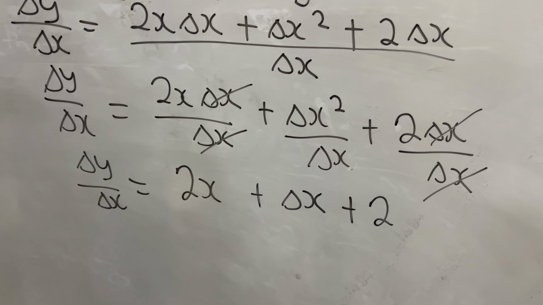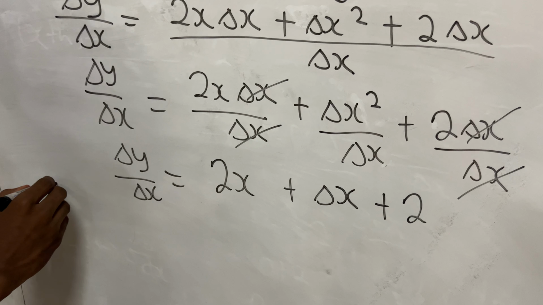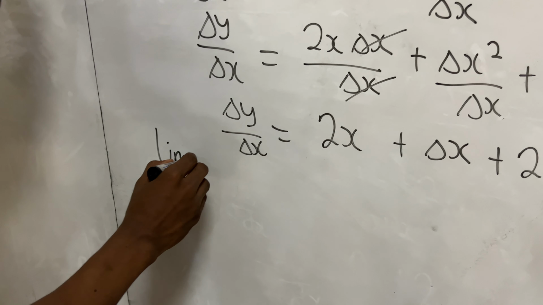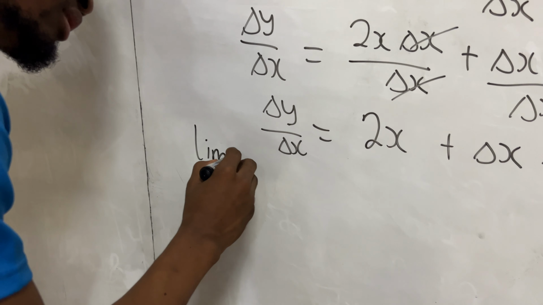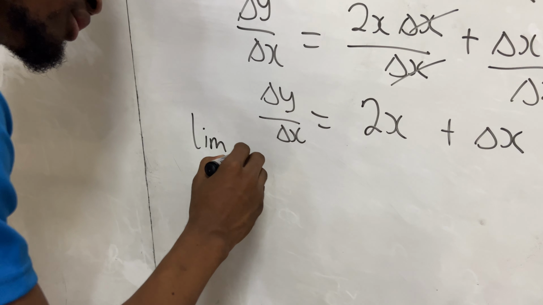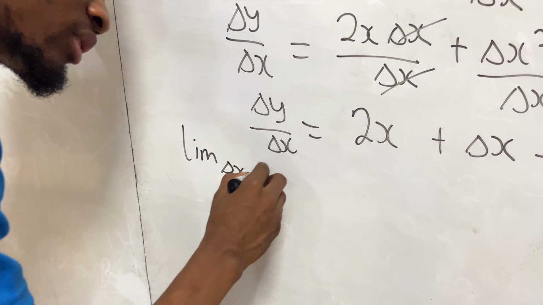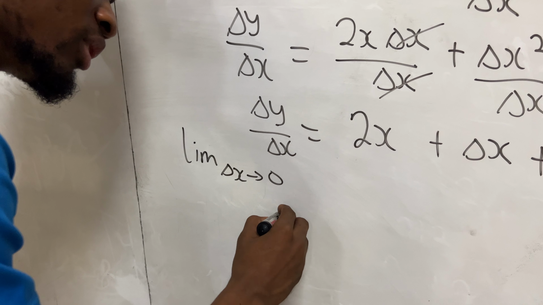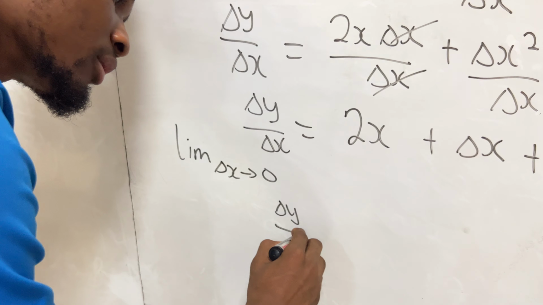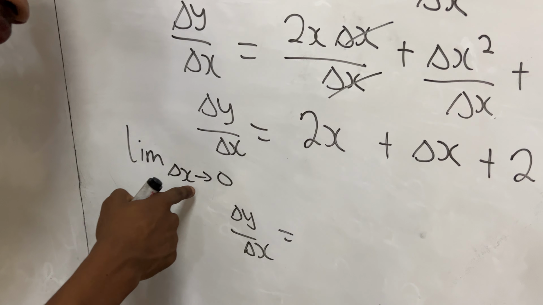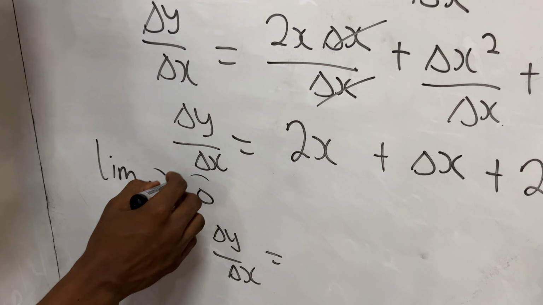Then you know that the limit of the function as change in x approaches 0. So this finally becomes, wherever I see change in x, it will go to 0.